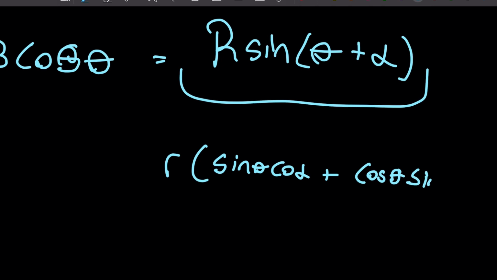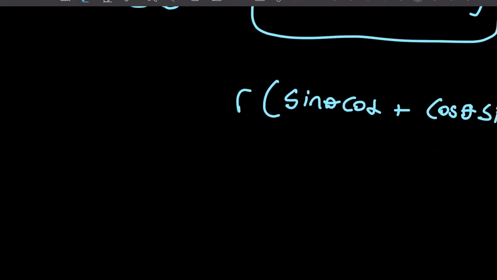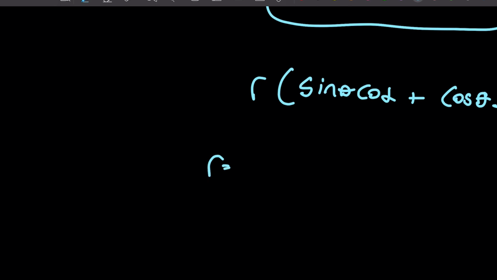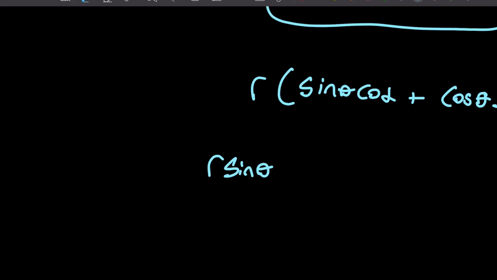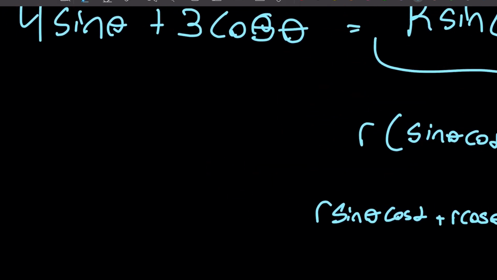Now distributing the r, we have r sine theta cos alpha plus r cos theta sine alpha. So we can say that 4 sine theta plus 3 cos theta is equal to that.